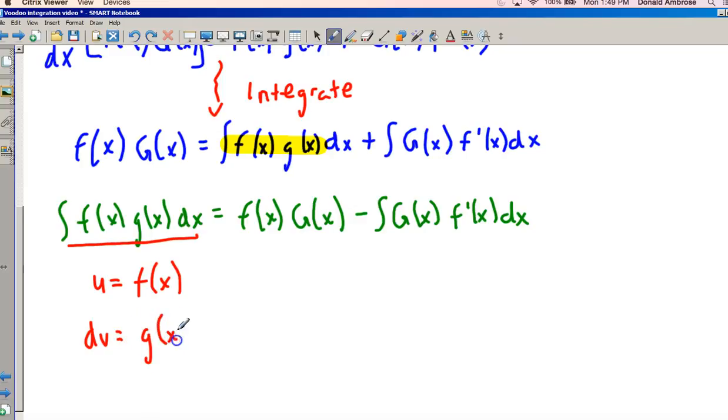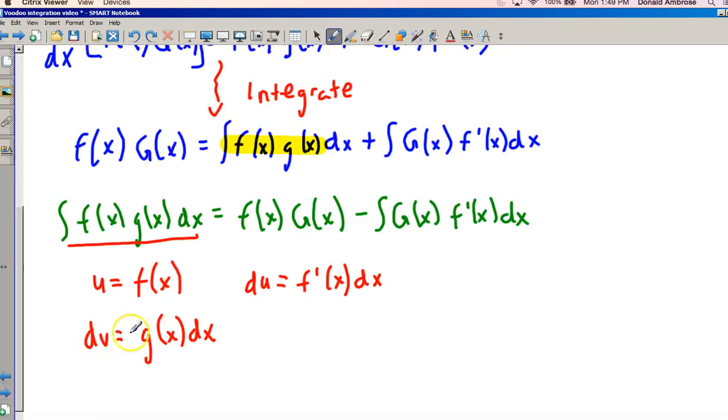So dv will equal g of x times dx. Then, if I take this equation for u and differentiate both sides, and then solve for du, I will get that du is equal to f prime of x dx.